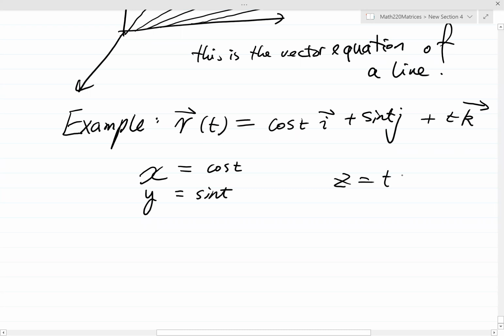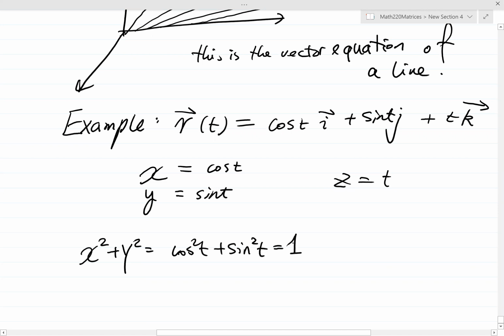So the z position is uniform in t, a constant velocity along the z direction. And x, y is the parametric equation of the circle: x squared plus y squared is cosine squared plus sine squared, which is nothing else but the unit circle.